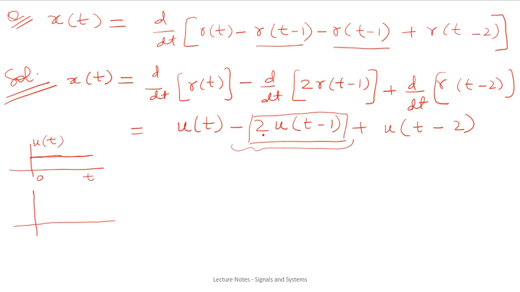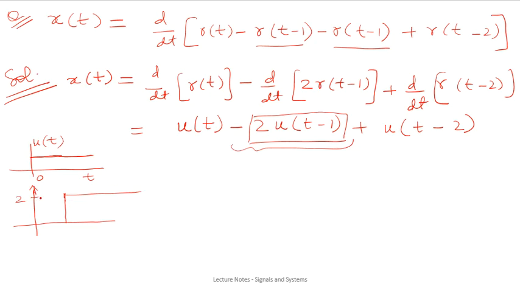If I draw twice of u(t−1), it will start from t = 1 and have amplitude equal to 2, because 2 is being multiplied in the amplitude.